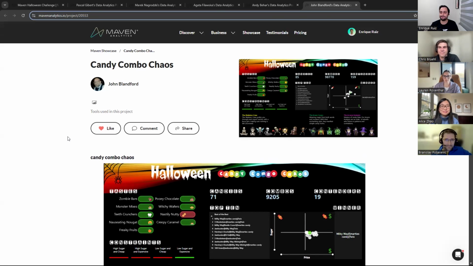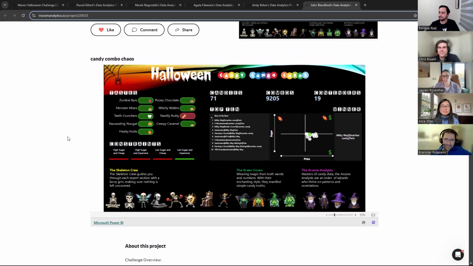I know that we've said a couple of times, data visualization is not challenging, but it's just different here. And I also understand that KPI cards are not necessarily data viz, but I really like the fact that he added this additional context: in this particular set of circumstances, there are 71 candies that make up over 9,000 combinations, but only 19 of them are contenders.